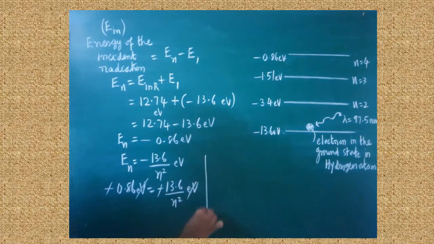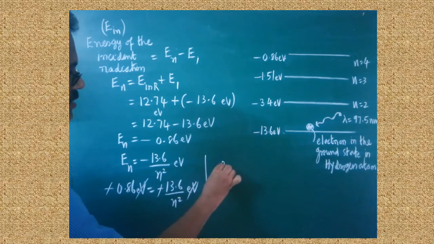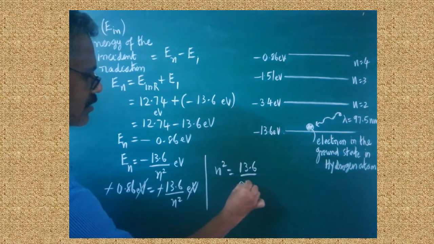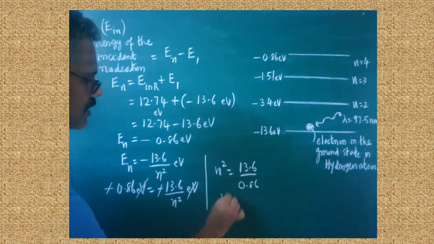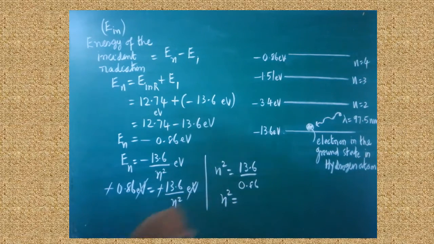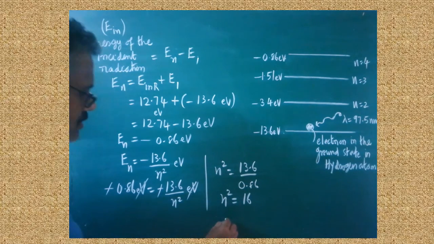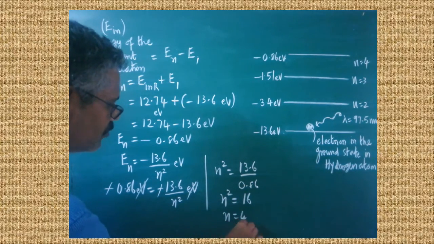Now we can cross multiply the value. N square is equal to 13.6 divided by 0.86. If you calculate, roughly you will get n square is equal to 16. Therefrom we are able to get the value of n as 4.